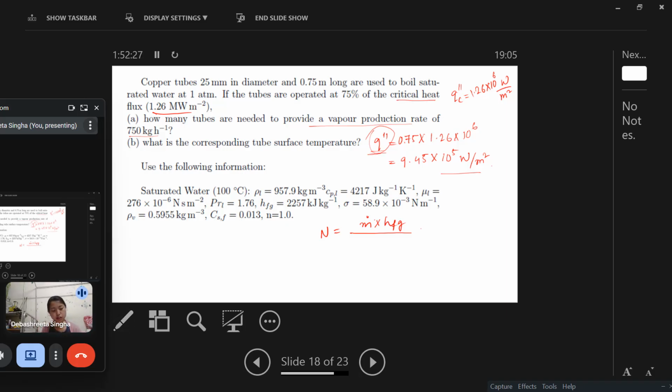This is the flux, so if you want to find out the rate, you have to multiply it with the area. Since they are tubes, they're cylindrical in nature, so the area should be pi D L.